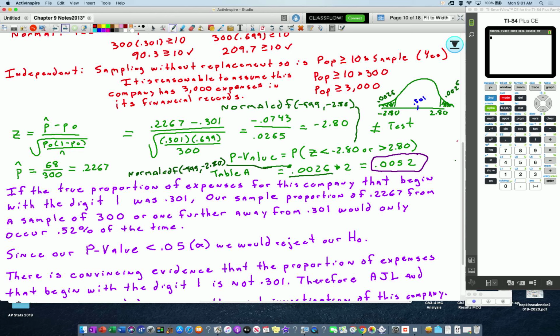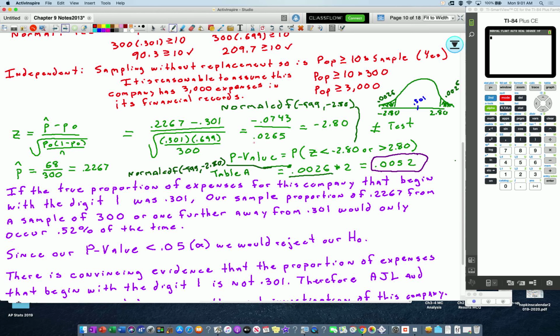Picture-wise, I'm assuming that it's supposed to be 0.301. I had this result, 0.2267, which is down here on the low side. My result could be way too low, or it could be equally as far away on the higher side. So I'll calculate this lower side and simply double it to get my p-value.